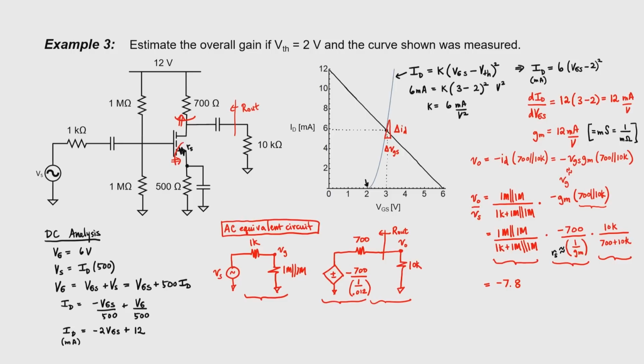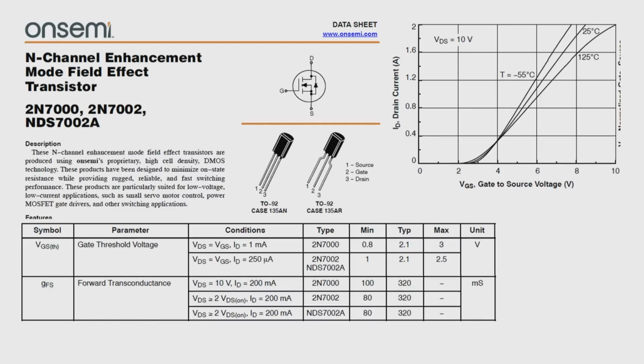Let's now take a look at a typical data sheet for one of these MOSFETs. We're looking at this data sheet now because I'm about to work another example, and I'm going to show you how you can extract the transconductance from one of these data sheets without having to do a lot of work.